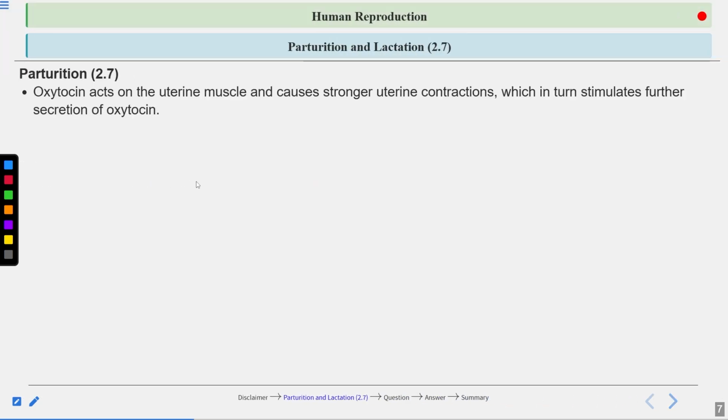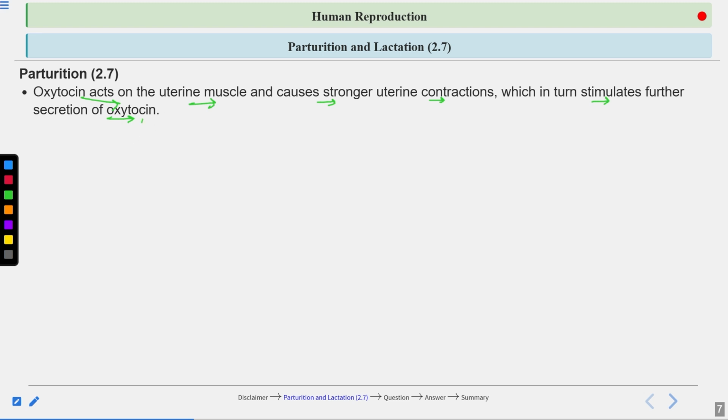Now oxytocin acts on the uterine muscles, especially which one? The smooth muscles present in the myometrium, and causes stronger uterine contractions, which in turn stimulate further secretion of oxytocin. So now you can see oxytocin is causing the release of more oxytocin. How? Oxytocin causes stronger uterine contraction, and these contractions further stimulate the release of more oxytocin from the maternal pituitary.